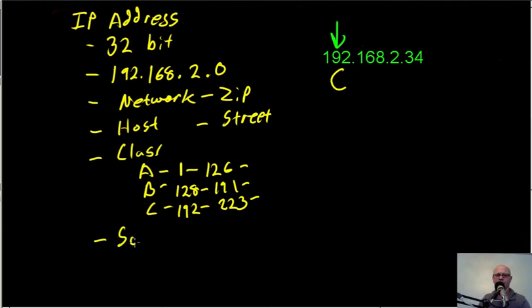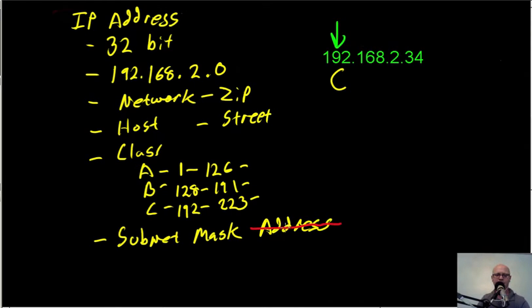So what is a subnet mask? Now, sometimes you'll hear a subnet mask referred to as a subnet mask address, and that is 100% incorrect. A subnet mask is not an address.